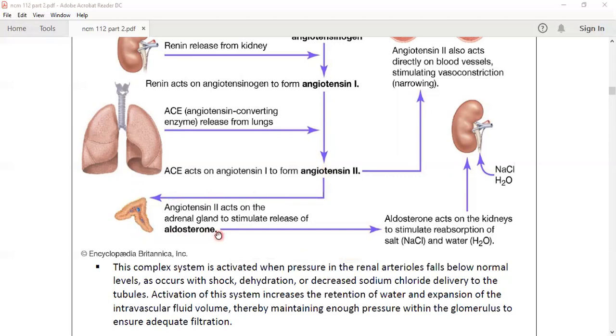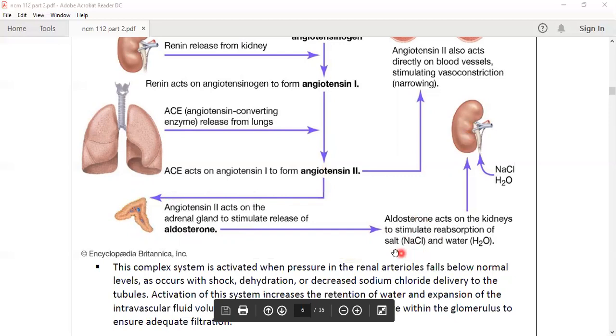What your aldosterone does is that it now tells your kidney to reabsorb more sodium here. If it tells your kidneys to reabsorb sodium, by the way, your sodium and water is like buy one take one. So remember the dictum, where sodium goes, water will always follow.